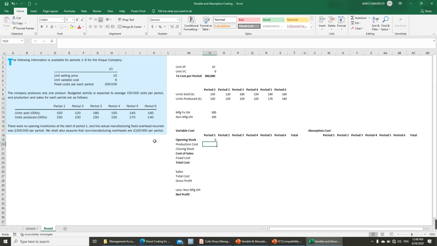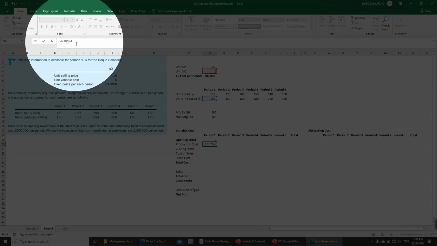And then production cost. So how do we compute for the production cost? So for variable costing, the production cost is equivalent to the unit variable cost times the quantity produced. So it is like 150 times the unit variable cost. Now, as we will be copying the information from column N to column S, so let's fix this.